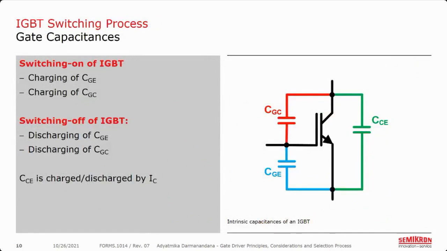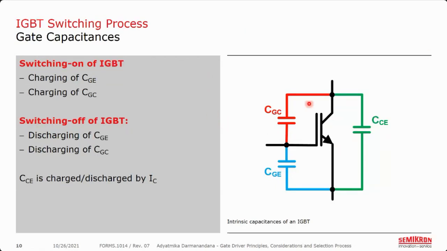Before we discuss the mechanism and considerations of a gate driver, we need to understand the IGBT itself to know what a gate driver actually drives. The fabrication of any insulated gate transistor yields three main intrinsic capacitances.